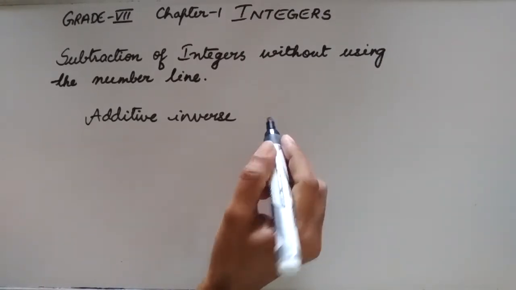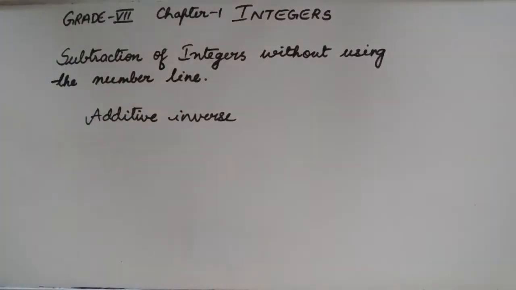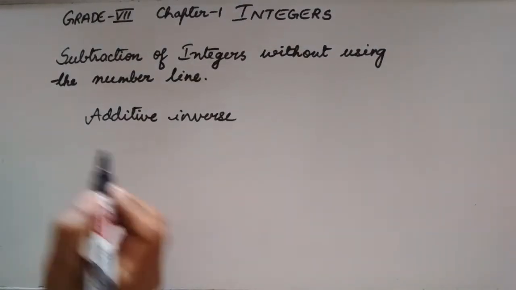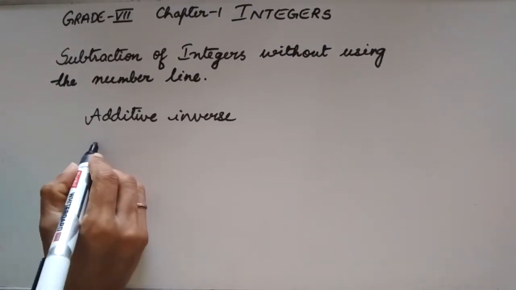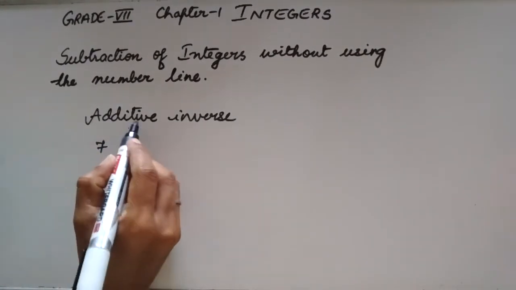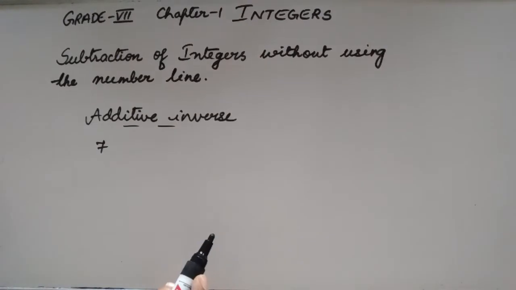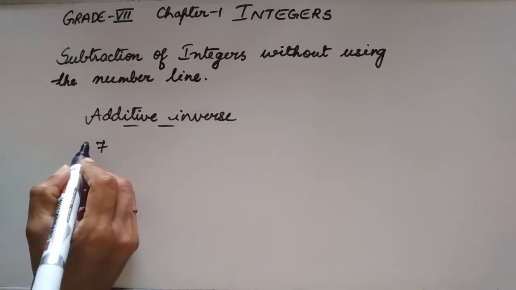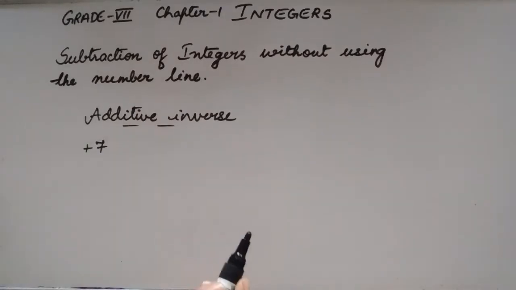Now first let us understand what is additive inverse. For example, suppose we have a number 7. What will be its additive inverse? So this is a positive number, isn't it?